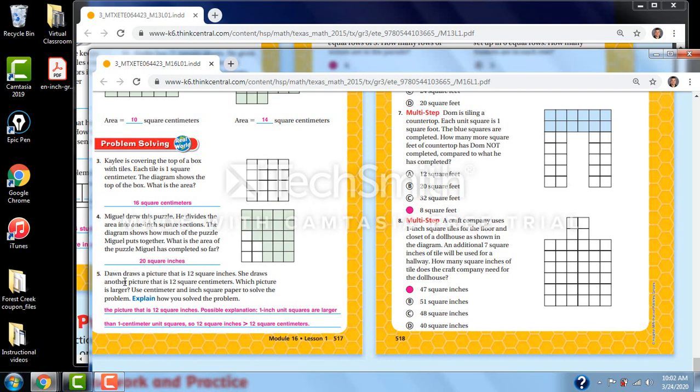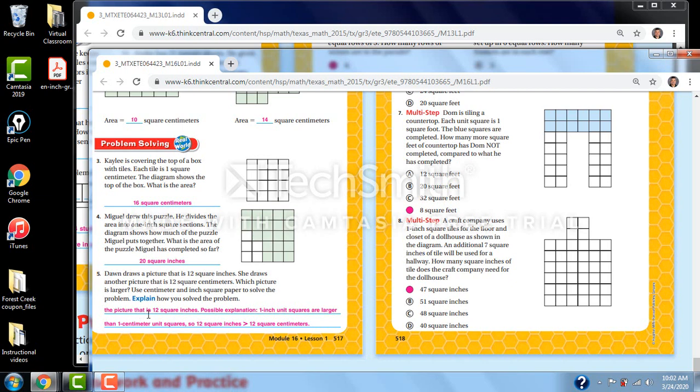Number 5, Dawn draws a picture that has 12 square inches. She draws another picture that has 12 square centimeters. So here we have to get a pretty good idea of how big an inch is compared to how big a centimeter is. If you don't have your ruler, this is okay, but your inch is slightly larger.